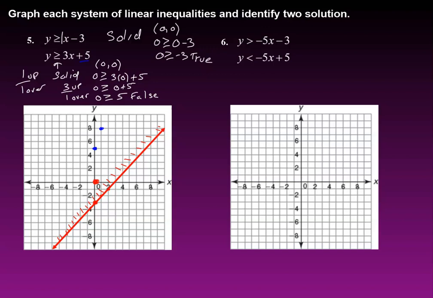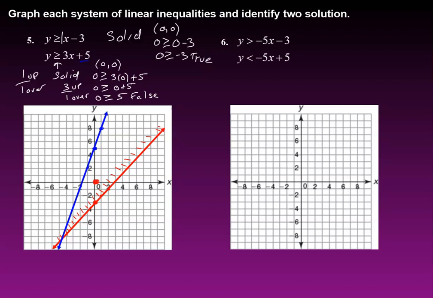And then we're going to draw our line. So our graph looks something like this. Okay, we draw our line. It's solid because we already looked at that information.